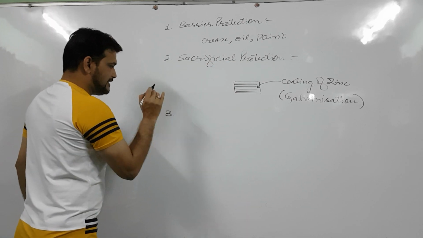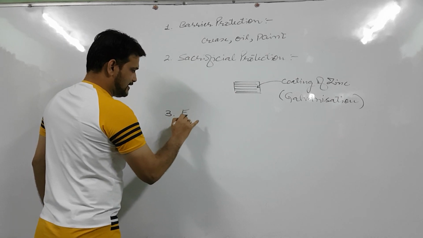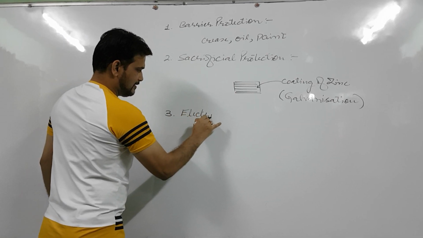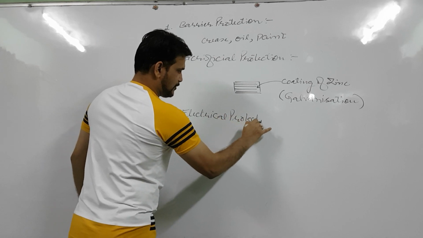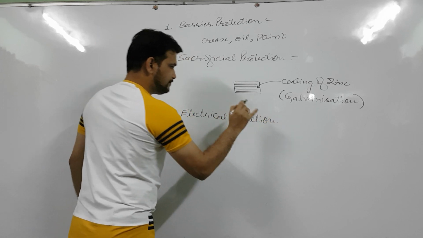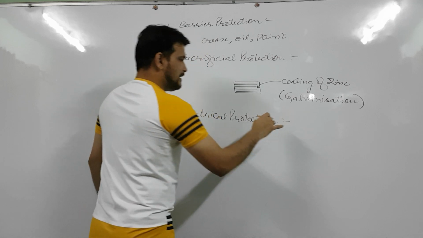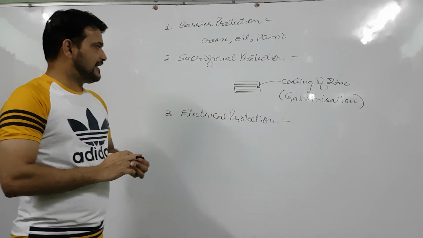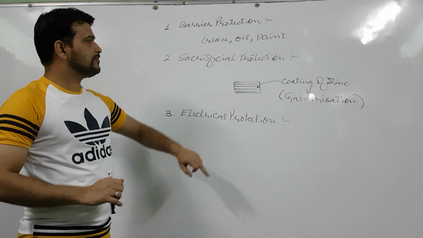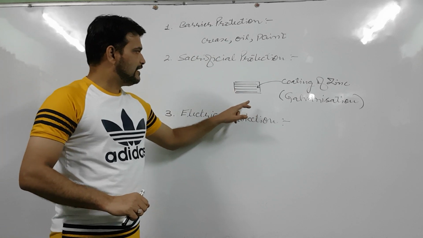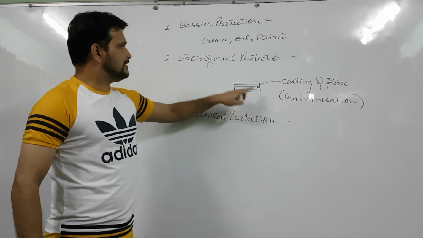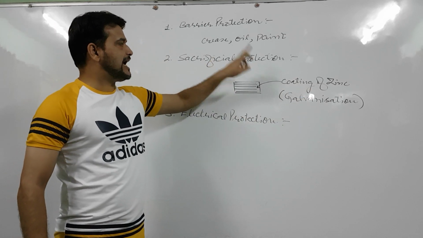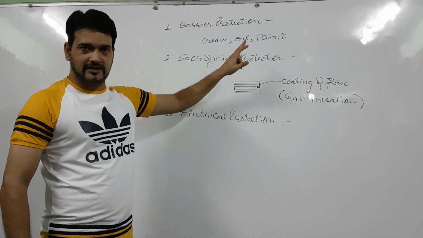Number 3 is electrical protection. It is again a very similar topic: if iron is coated with zinc, that will be sacrificial protection.